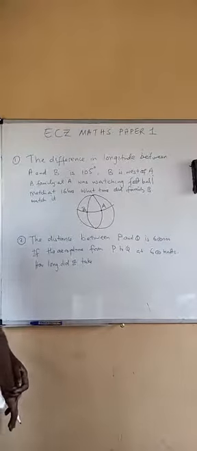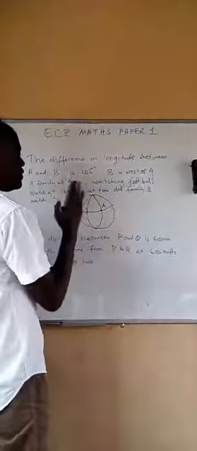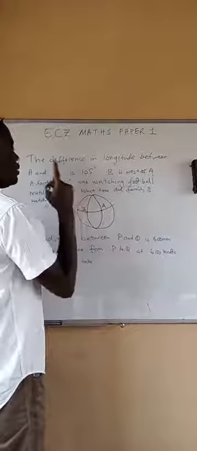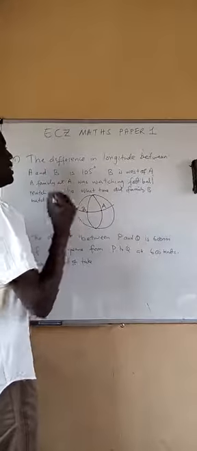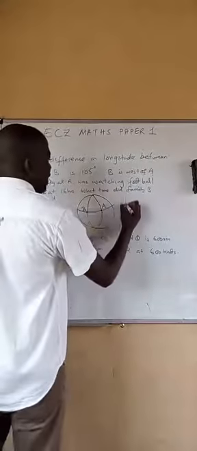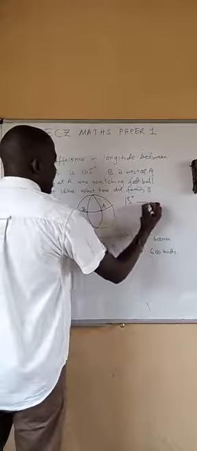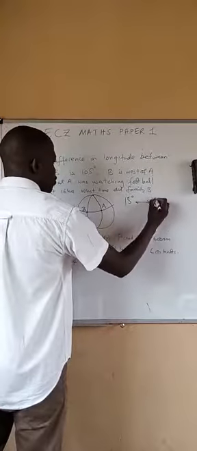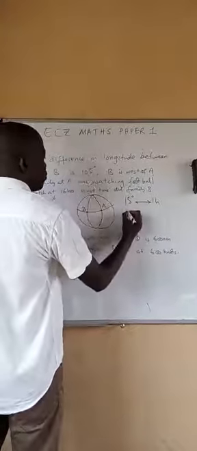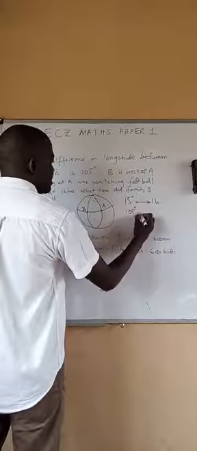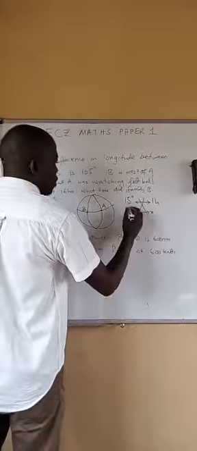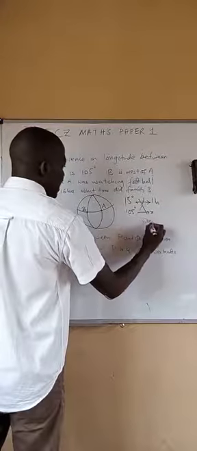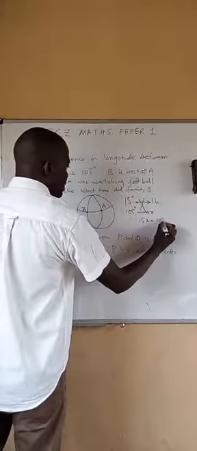The next part you are supposed to know is, for every 15 degrees, there's 1 hour that is attained. So you say for every 15 degrees, 1 hour is produced. How many degrees do I have? 105 degrees. 105 degrees will give me how many hours? So that will be 15x is equal to 105.